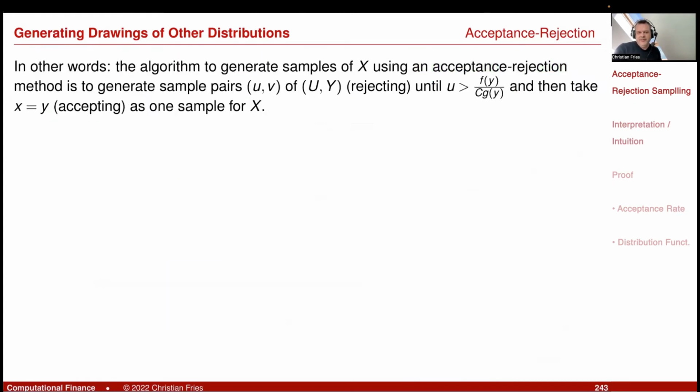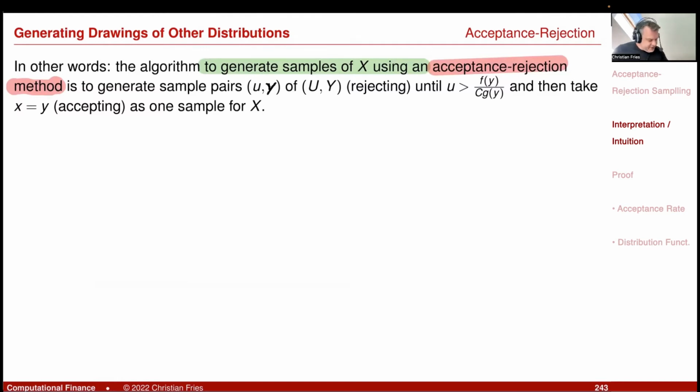Okay. So in other words, what the algorithm does is the following. The algorithm to generate samples of x via an acceptance rejection method is to sample pairs. Okay, there's a small typo here, that should be a y.